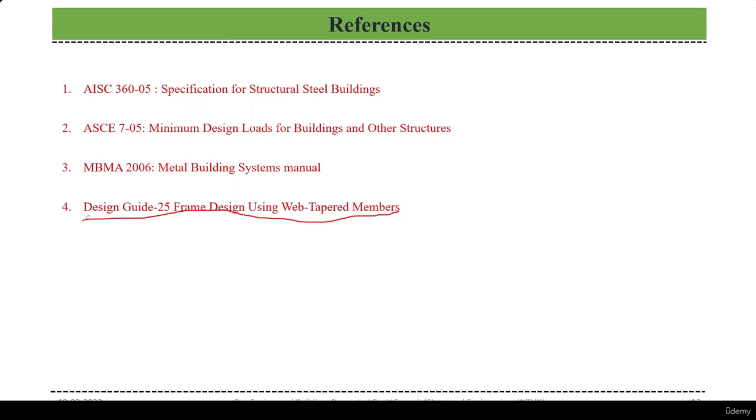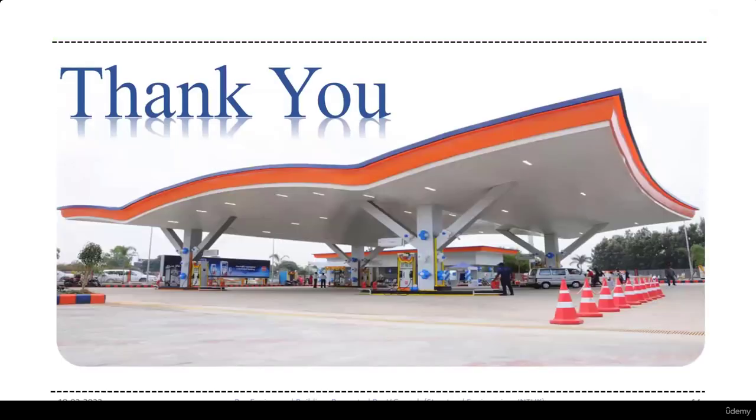This is approved by AISC. So you can just browse and go through AISC Design Guide 25, right? Any other thing you want to know, just share your doubts if you have.